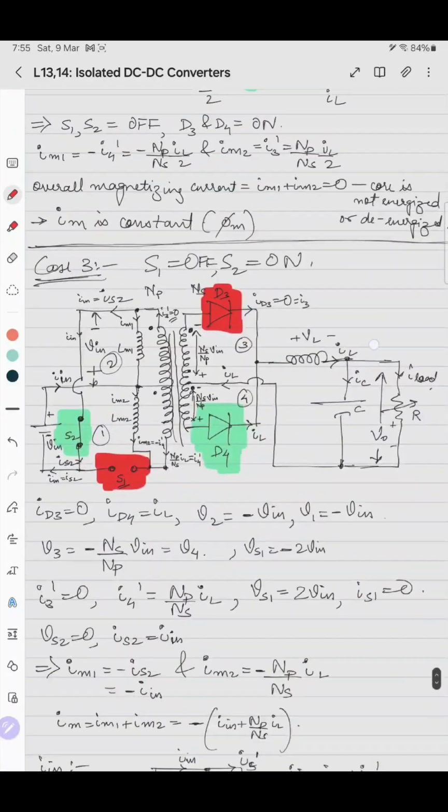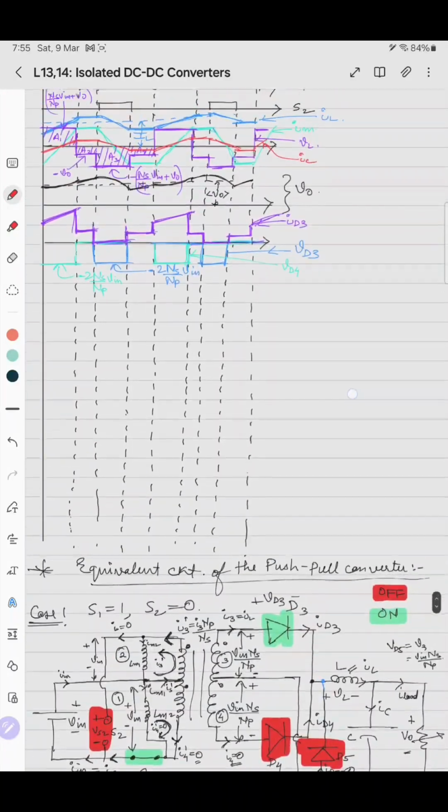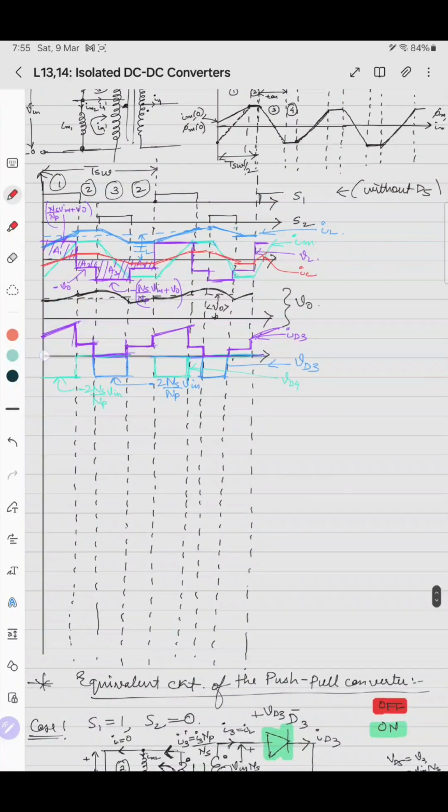Similarly, if we draw ID4, it will be 0, IL by 2, IL. Case 1 it is 0, then IL by 2, and it is IL, then IL by 2. Case 1 0, IL by 2, and in case 3 it is minus of IL, then again IL by 2.